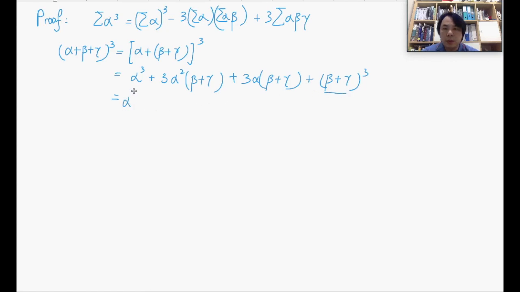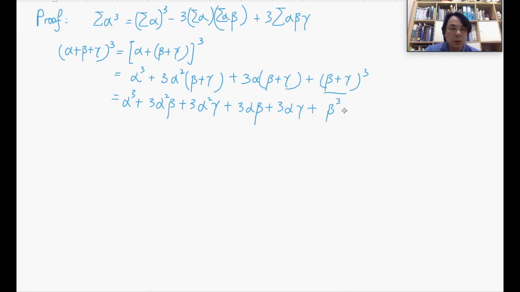So we have, here we can expand this. That will be here, alpha beta, alpha gamma. And then from here we're going to apply the same binomial expansion that we have, depending how you want to do it.